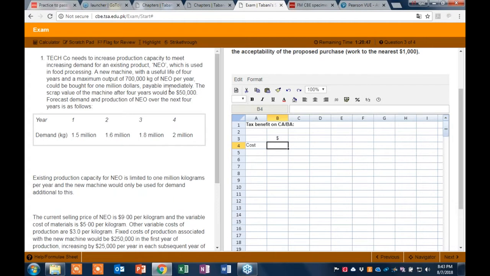Where is the investment? $1 million. Here it is. So we were supposed to invest $1 million, which is 1,000 if we write the figures in thousands.